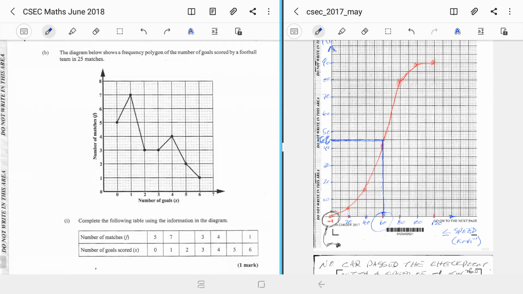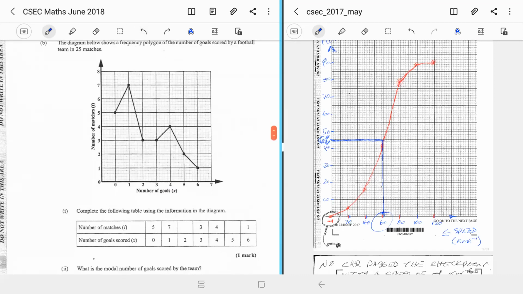All right, the question says complete the following table using the information. So you see, no goals were scored in 5 matches. Right? And you continue. 1 goal in 7 matches. 2 goals in 3 matches, so we're going to put 3 right here.